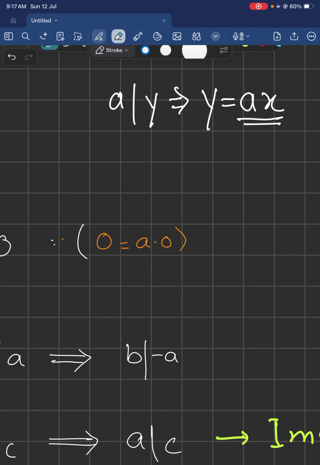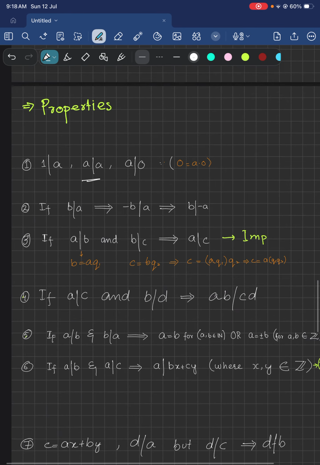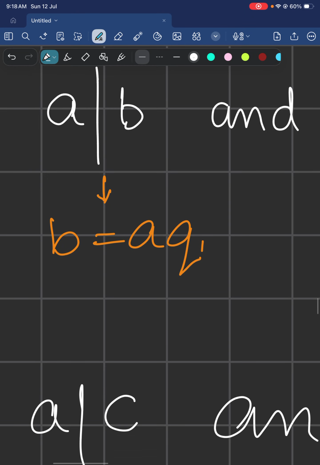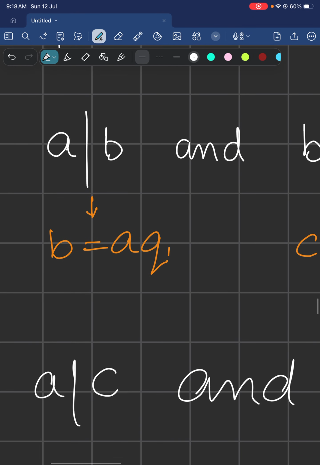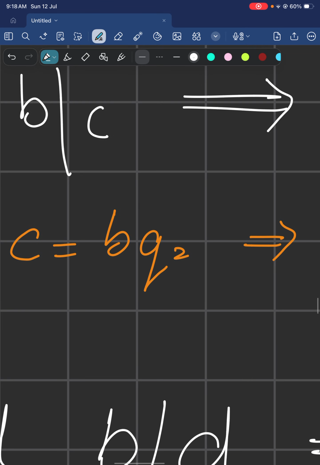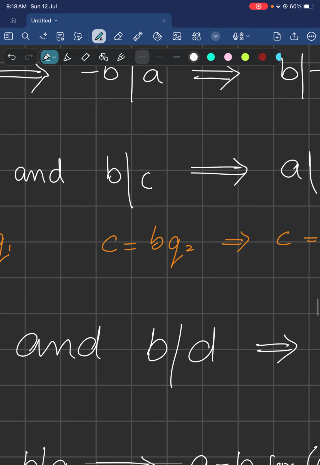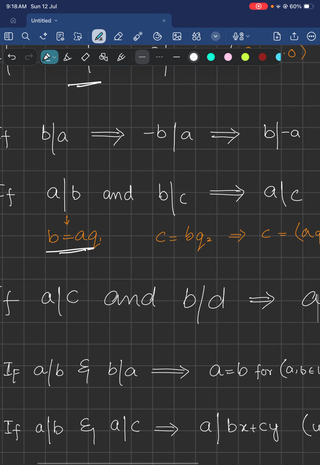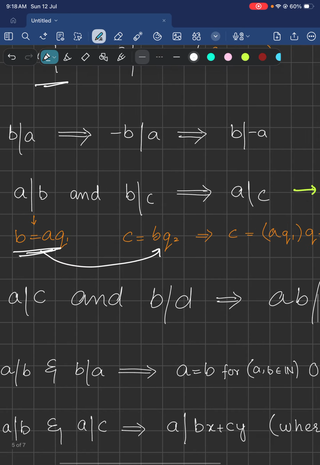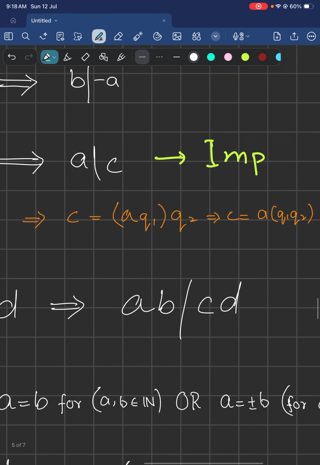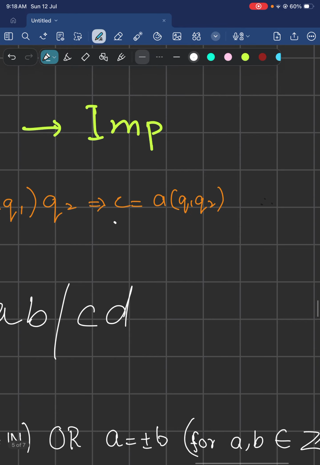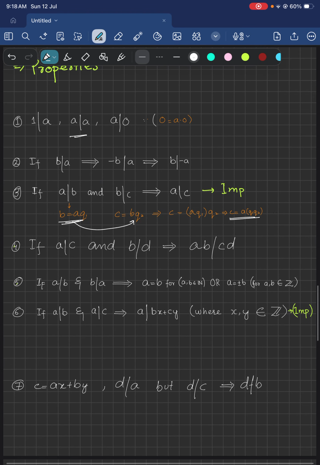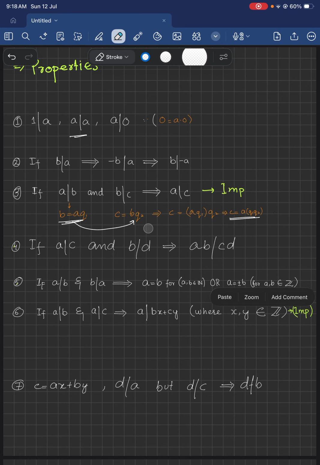Similarly, b is a multiple of a, and c is a multiple of b. And we know the value of b, so we can plug it in here. If I plug it in, you get c as a multiple of a, which proves that a divides c, because c is a multiple of a, just like I told you. And you can prove the other properties as well.